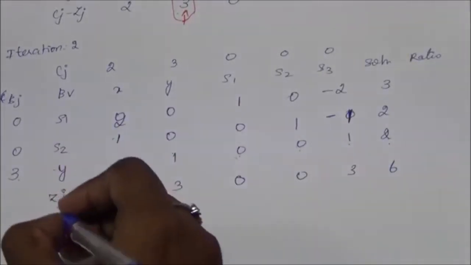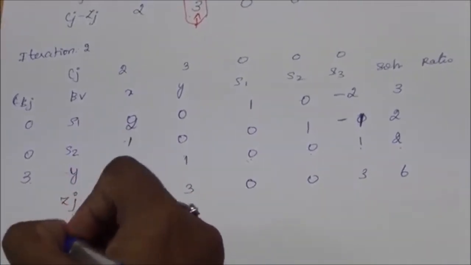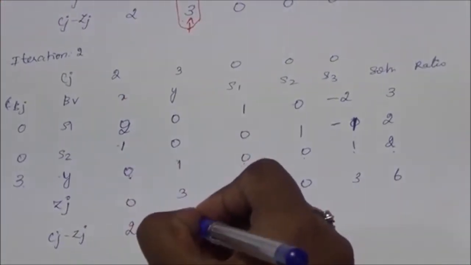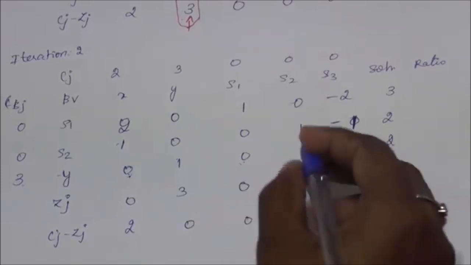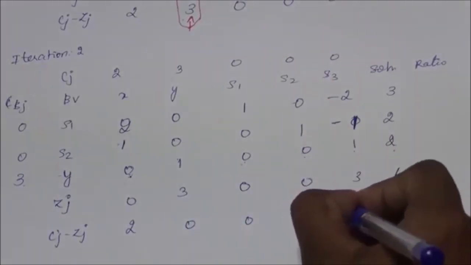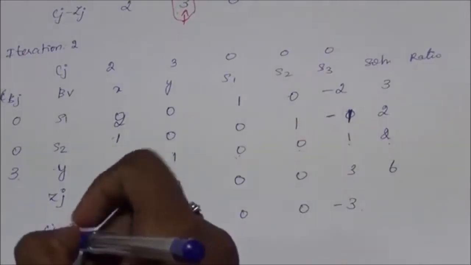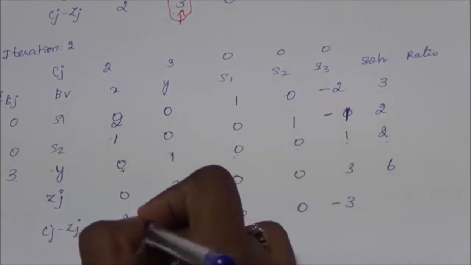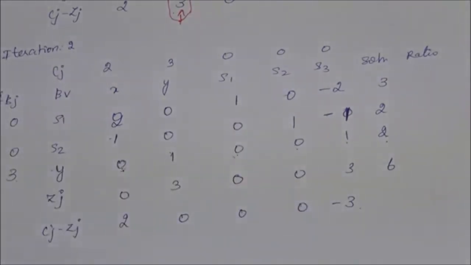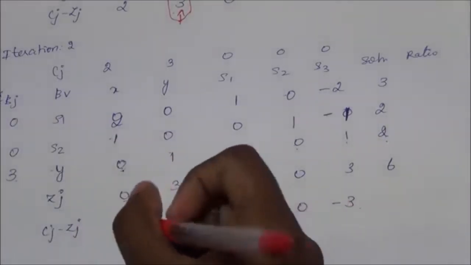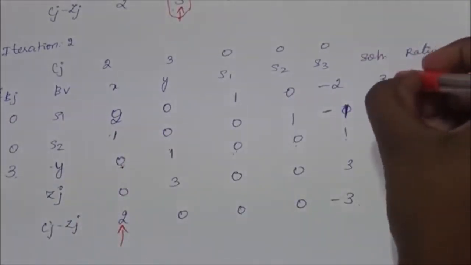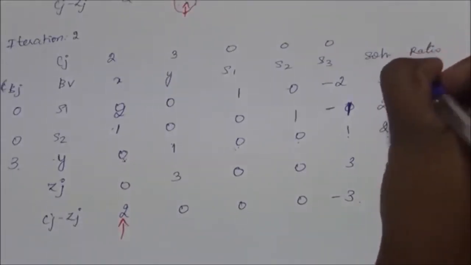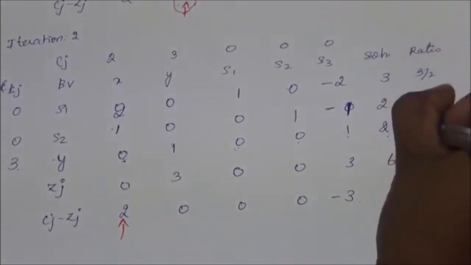So now again we have to find the Cj minus Zj value. So 2 minus 0 is 2, 3 minus 3 is 0, 0 minus 0 is 0, 0 minus 0 is 0, 0 minus 3 is minus 3. Now we have to find the maximum element, which is nothing but 2. So this will be the corresponding pivot column. We have to find the ratio values, which will be 3 by 2, 2 by 1 is nothing but 2, 2 by 0 is infinity.